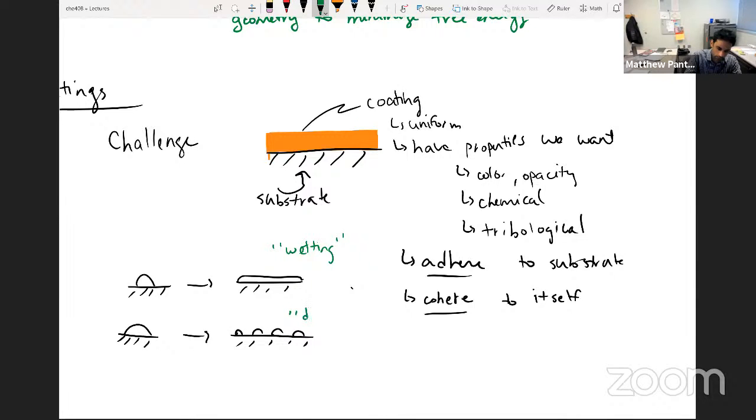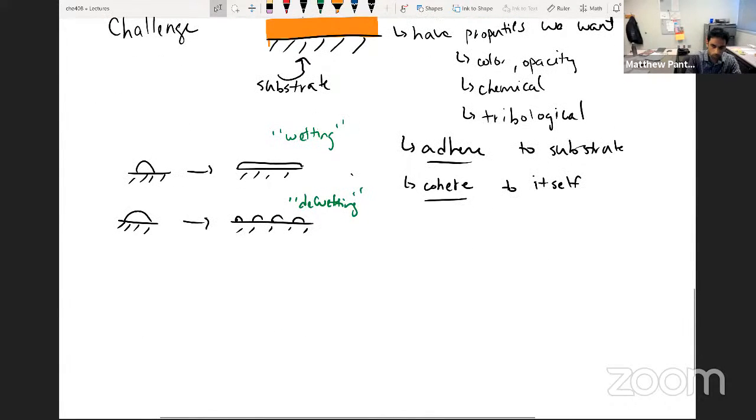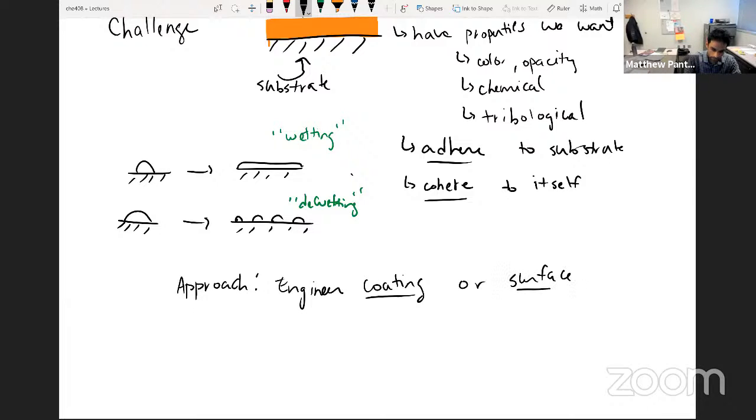That would be called de-wetting. So there are two ways that we can approach this. We can engineer the coating chemistry or the surface chemistry, or both, depending on the application.